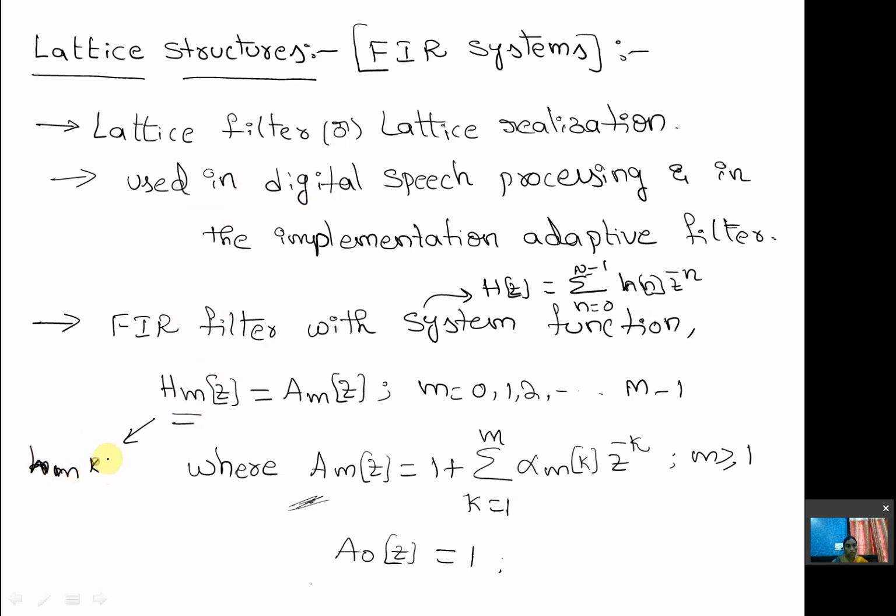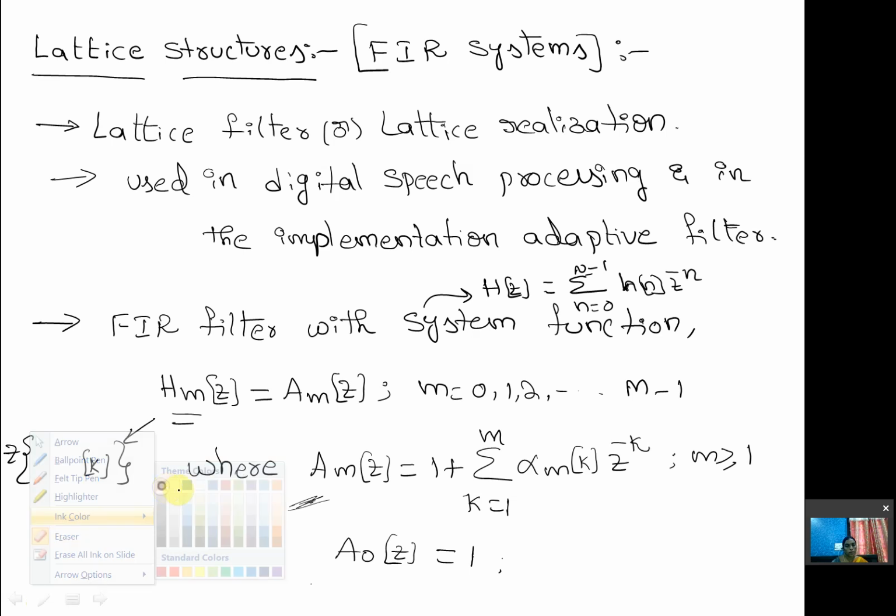That means the Z transform of hm of k is nothing but hm of z. So from this information, whatever filter we consider, for that system the impulse response is hm of k.